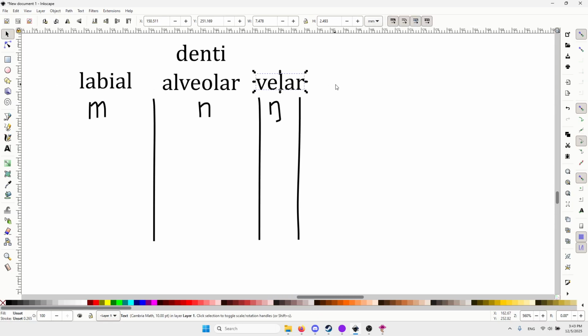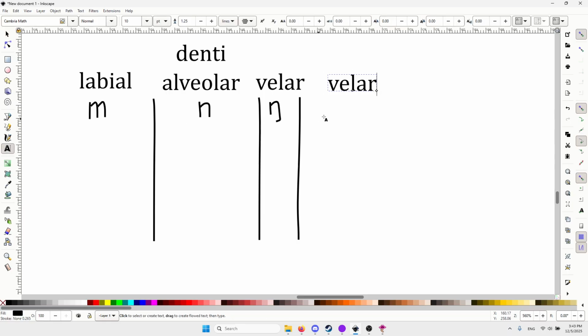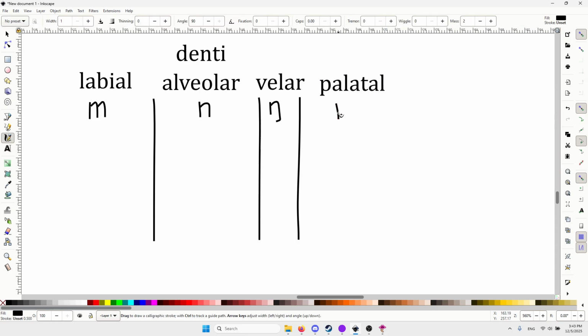And then we have palatal, which is basically always written in the IPA as something like an N with a tail.